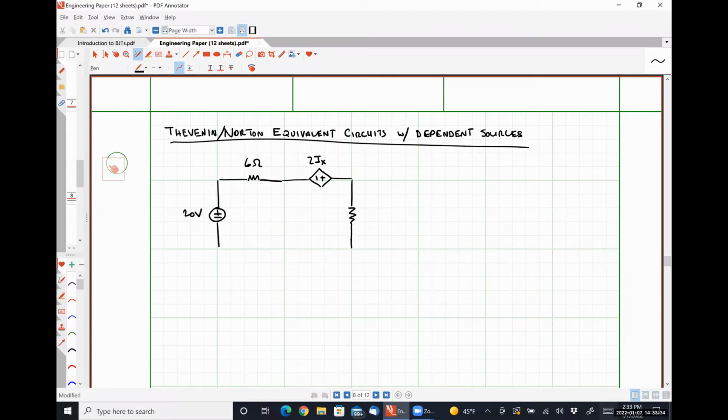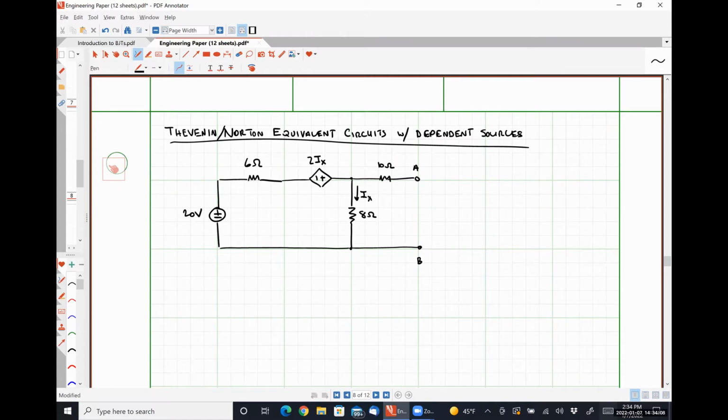And let's say that we have an 8-ohm resistor here and a 10-ohm resistor here. So this will be terminal A, B, and let's say that our current Ix is the current that flows down through that 8-ohm resistor.